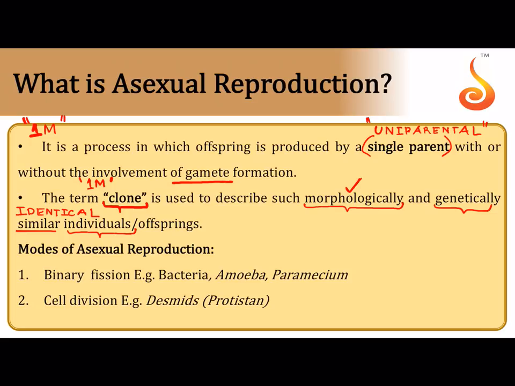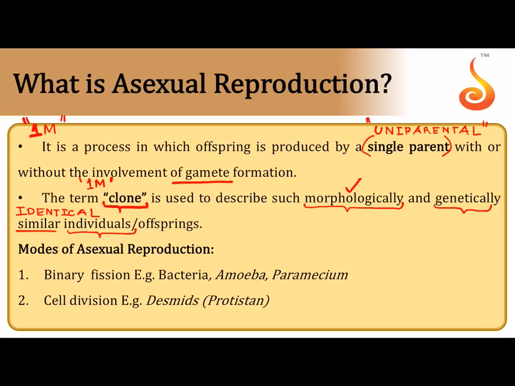So, all the offsprings that are born to the same mother, I'm just using the word mother here, okay? Because the organism alone is involved in reproduction, all the organisms are identical to each other and they are identical to the mother, the parent organism. Isn't it?